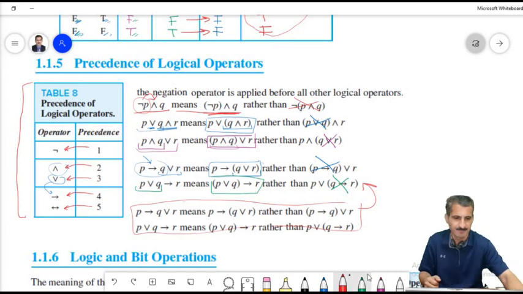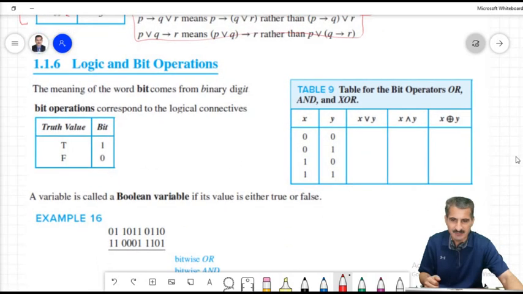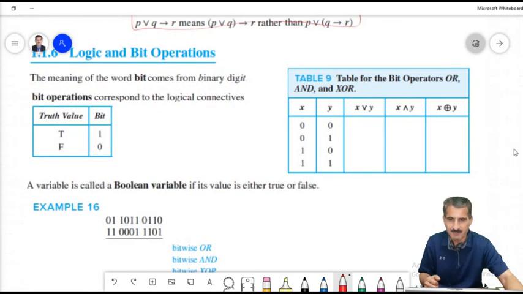And the last part of this section is logic and bit operations. If we represent true by 1 and false by 0, then the OR will be false for false and false: 0 or 0 will be 0, and the other cases will be 1.